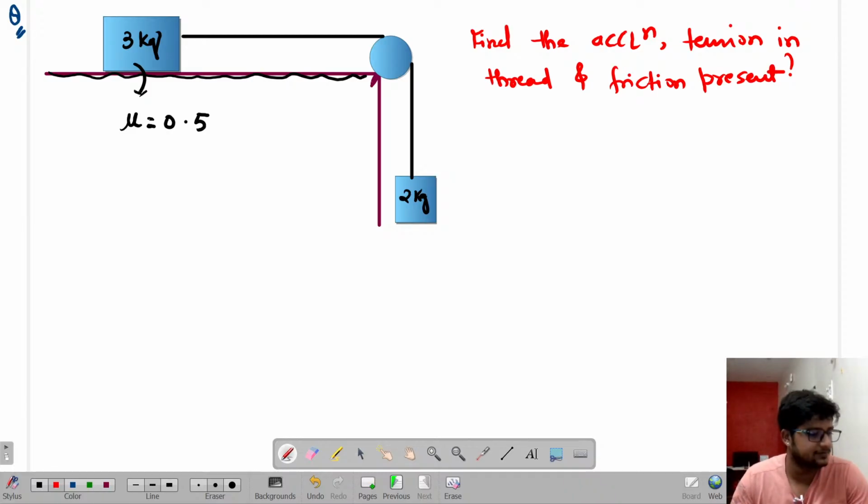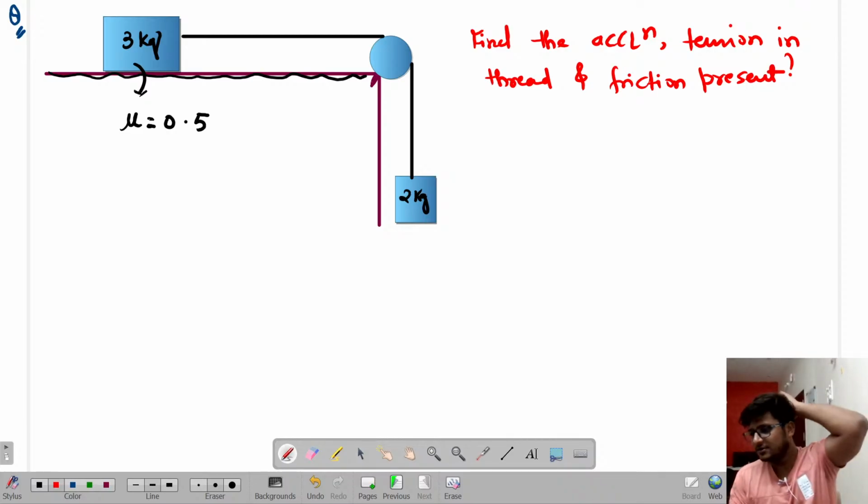Tell me fast. Friction force will be 15 Newton, acceleration will be 1 meter per second square, and tension equal to 18 Newton. Tell me the answer fast.